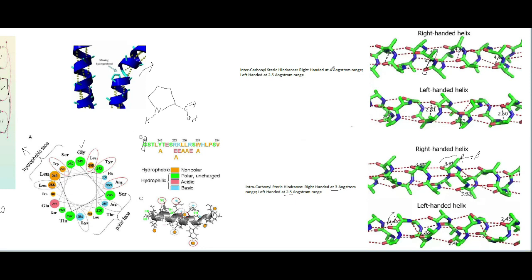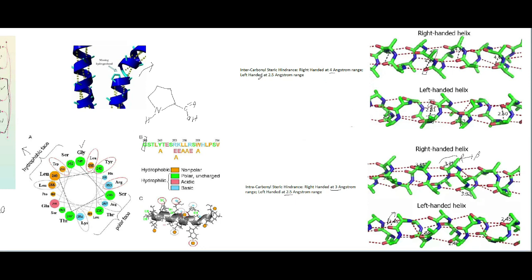And so there's about a 4 angstrom range between this carbonyl and the side chain in the right-handed helix, where down here you can see this is the carbonyl from the next amino acid over with this side chain of this amino acid, and that's about 2.81.